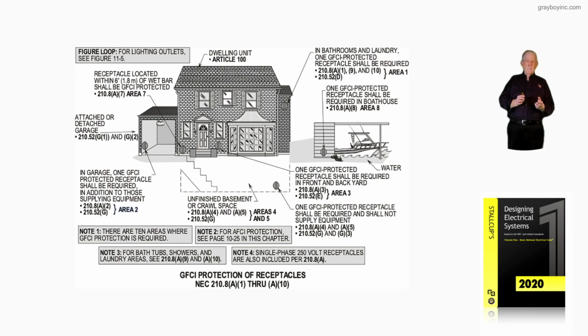So location of the installation of these receptacles around a wet bar matters, and you have to be over 6 foot away from it, or it must be GFCI protected. But remember, the wet bar is not the type of sink that you would have in the kitchen or in the bathroom. So keep that in mind.